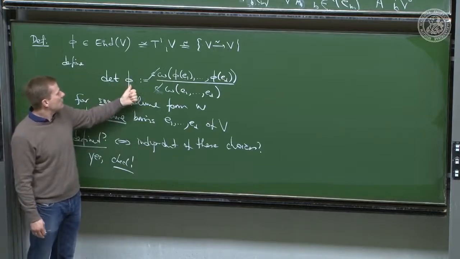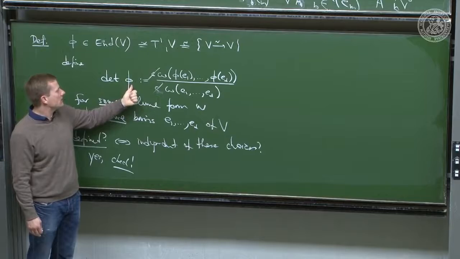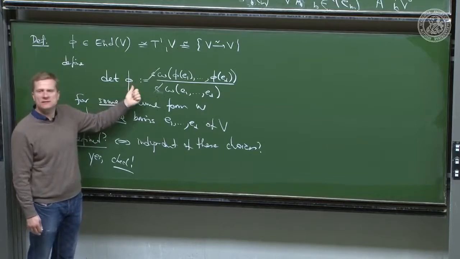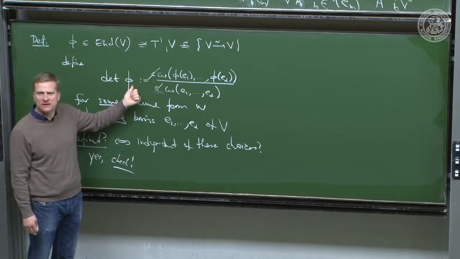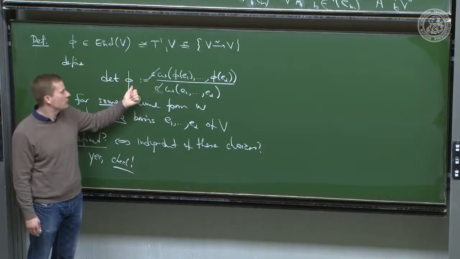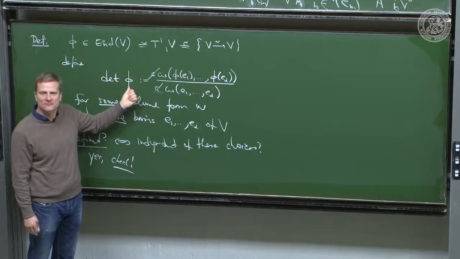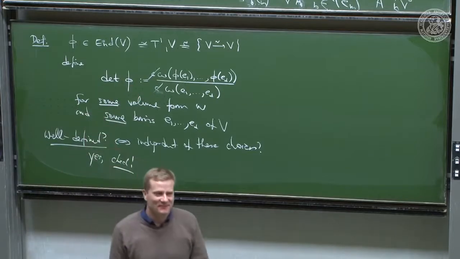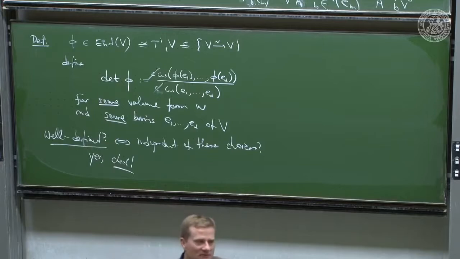And to what power do the components of phi appear in the determinant? So if you have an n times n matrix and you calculate the determinant, what kind of products do you have in this determinant, in the number that comes out? Well, it's the power of the dimension of the vector space, right?